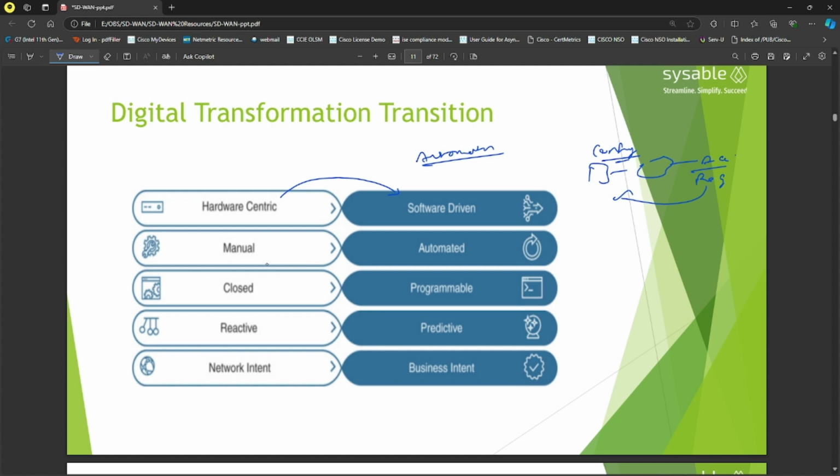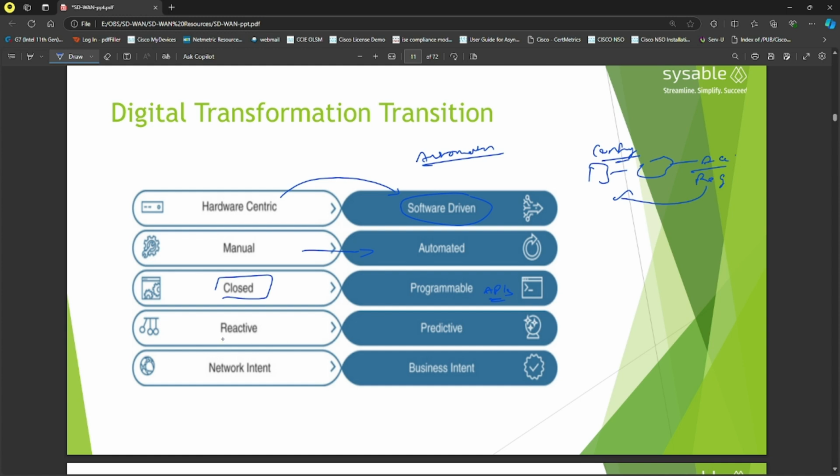Before, it was manual; nowadays we are becoming automated and software driven. It's built into the device itself. Before, it was closed: whenever we wanted to troubleshoot, we had to do it via the CLI, or the network engineer was able to do it, but nowadays it's programmability, like using APIs. Everything is configured for you. You just need to enable those features and use them.